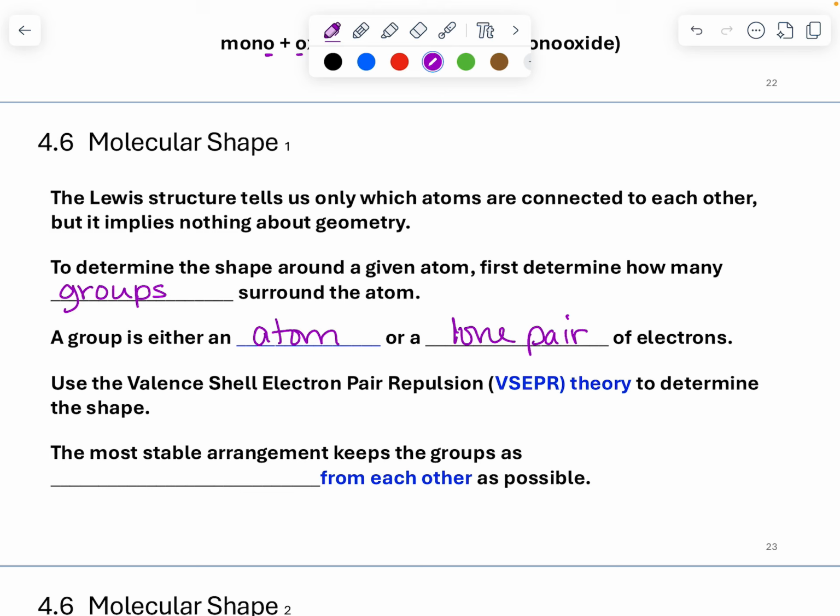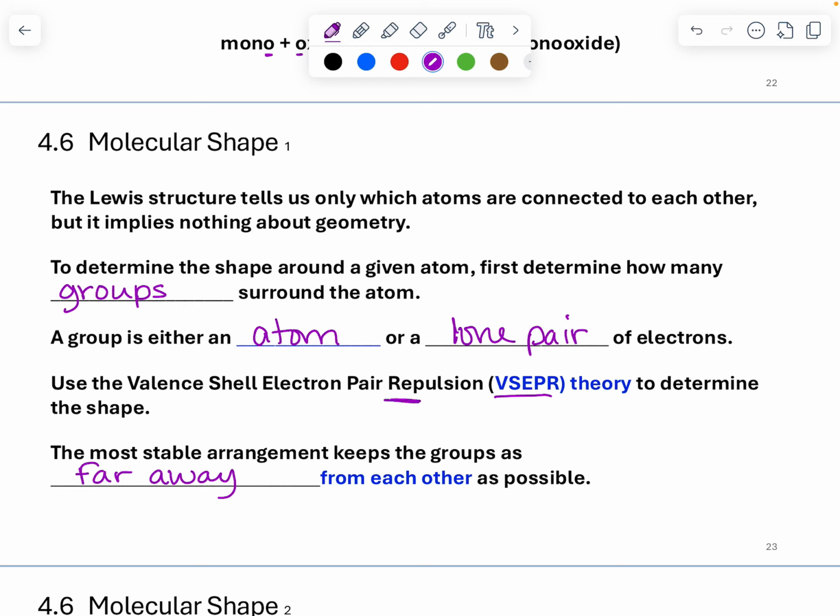And then we're going to use something called the valence shell electron pair repulsion theory, or it's pronounced VESPER for short, just using the first letters, VESPER theory. And that's going to help us determine the shape. So the most stable arrangement keeps the groups as far away from each other as possible. Just as the name implies, valence shell, electron pair repulsion.